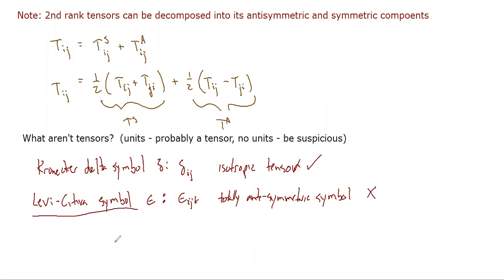The Levi-Civita symbol, you can think about it as a way of expressing cross products in Einstein summation notation, has the following property. Eijk is equal to 1, -1, or 0. It's 0 if there are any repeated indices.